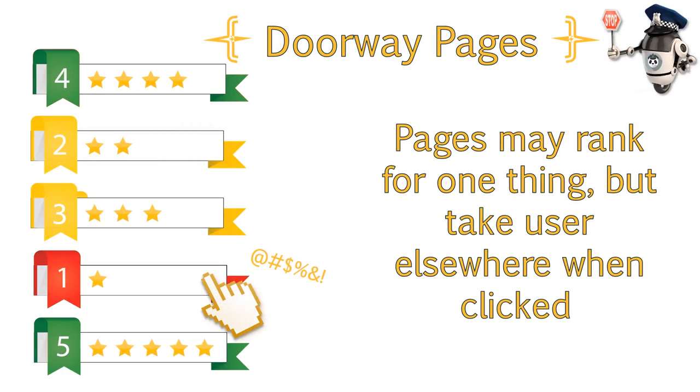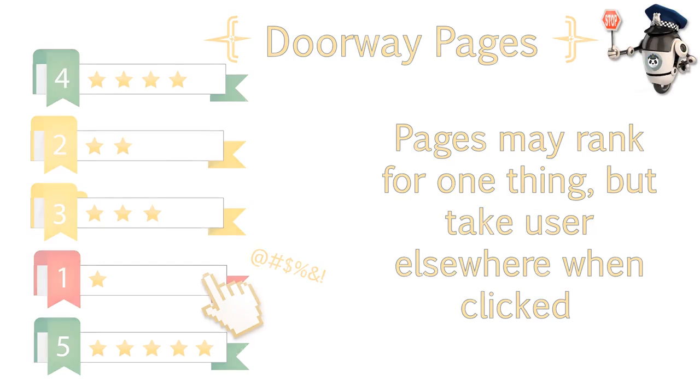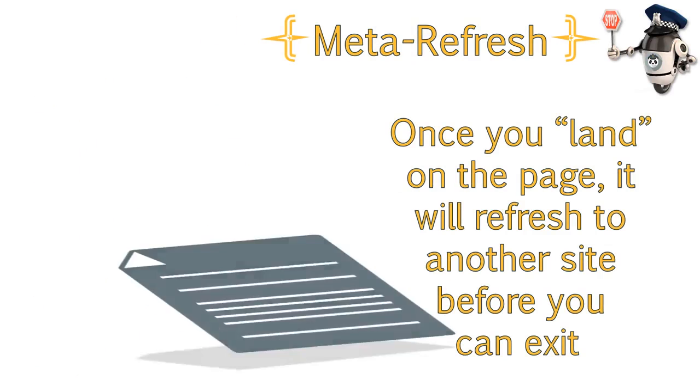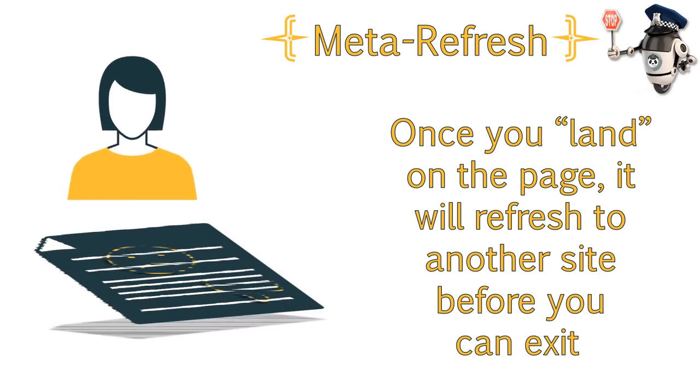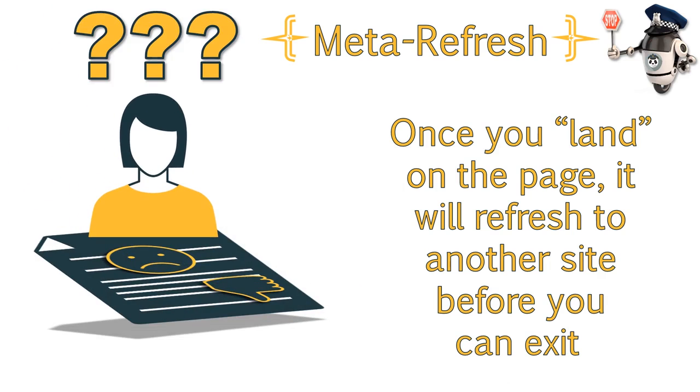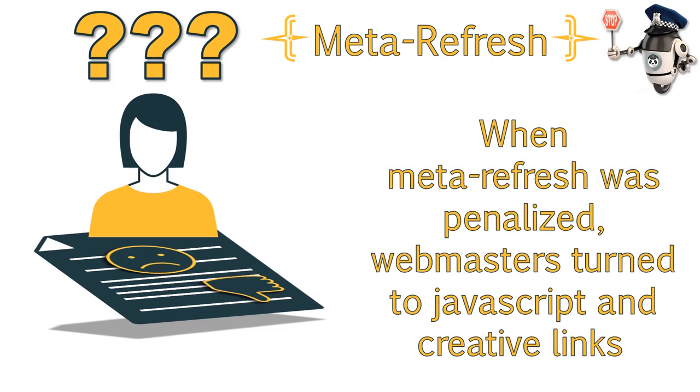In order to get the page to show in search engines, webmasters would often use what is known as a meta refresh, which means that once you land on the site, it will then refresh to another site before you can hit the back button. Google began penalizing sites using the meta refresh technology, and then webmasters began using JavaScript, or tricking the visitor into visiting the desired destination through creative linking.